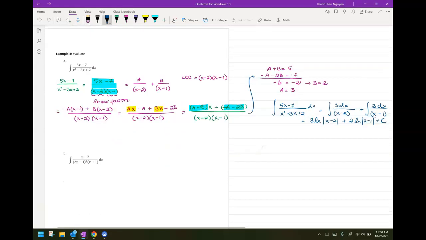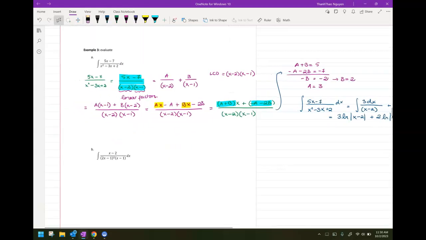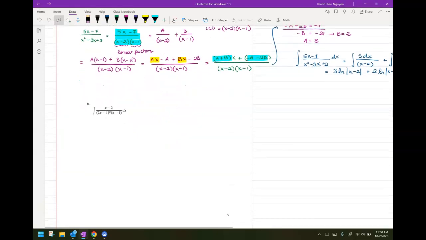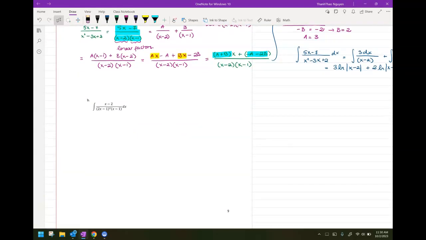Let's take a look at the next problem where we have an exponent in the denominator and 2x minus 1 is a linear term. I then will rewrite this polynomial as a over 2x minus 1 plus b over 2x minus 1 squared plus c over x minus 1.